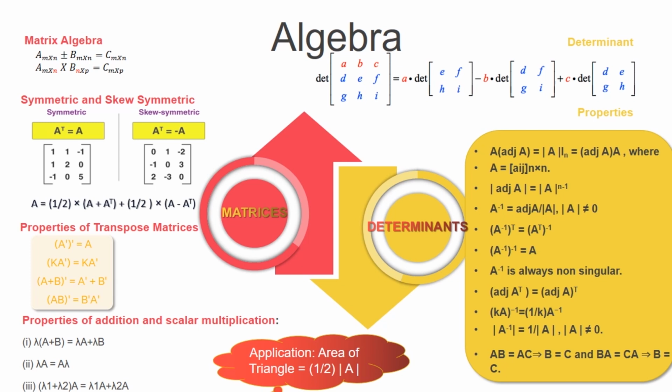The number of columns of the first matrix and the number of rows of the second matrix should be the same. This is the main criterion. Then your resultant matrix will have the rows of the first matrix and the columns of the second matrix. That will be the order of the resultant matrix. Remember this condition when making an equation, then only you will get a proper answer. Otherwise, the whole case study will be wrong.